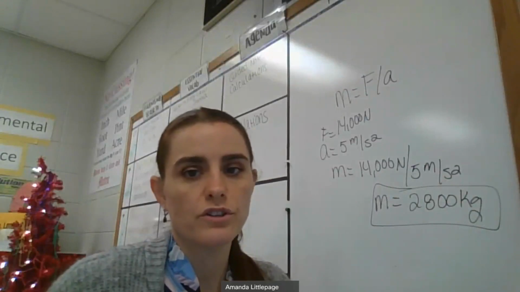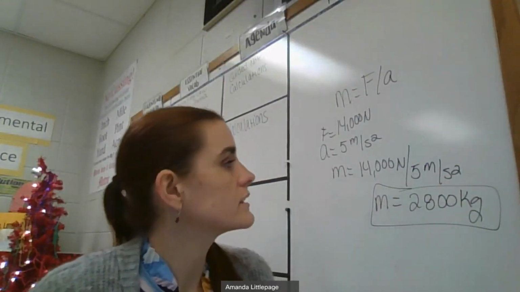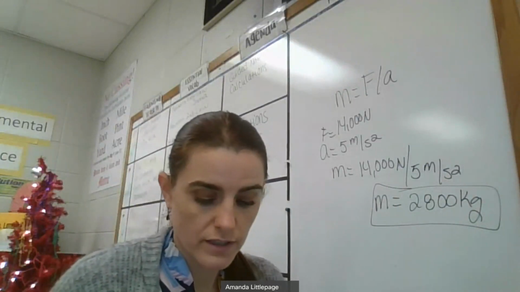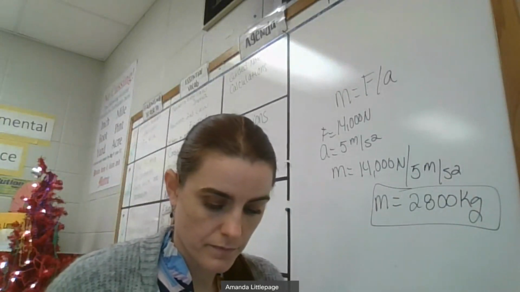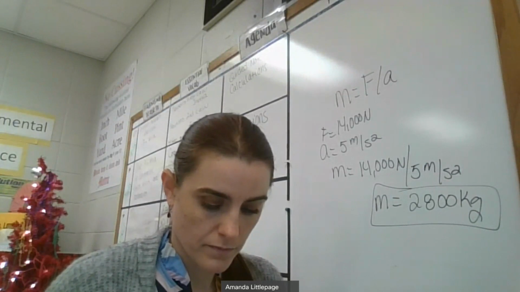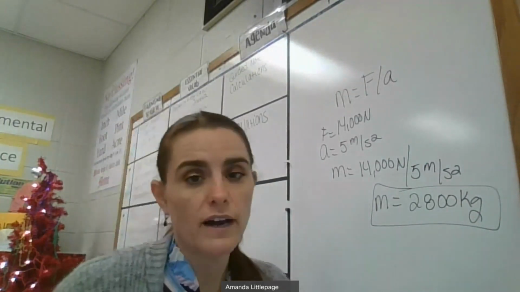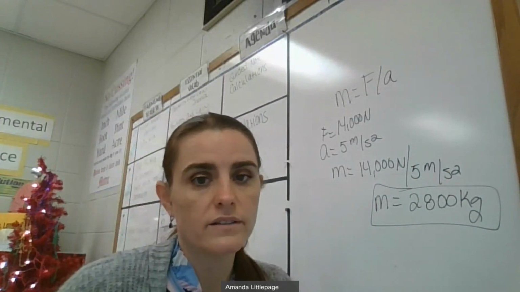Once you plug those in, 14,000 divided by 5 should give you 2,800 kilograms. All right, so that's number 4 and 5 we've just done. Let's do one more example.